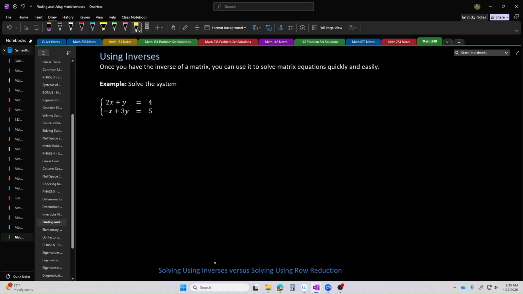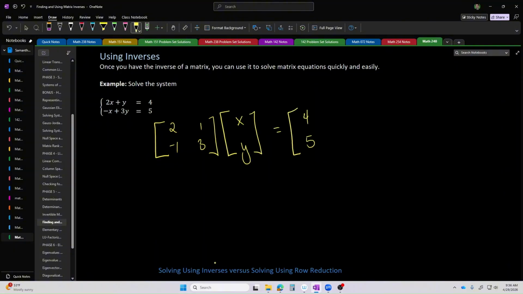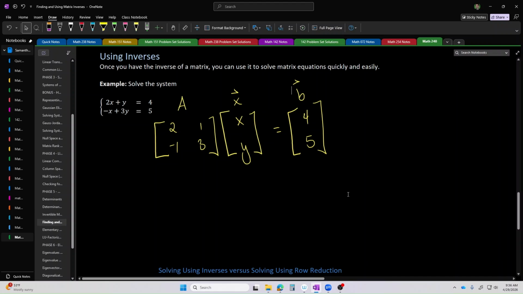If we write this equation in matrix vector form, we have the coefficients 2, 1, minus 1, 3 getting multiplied by the vector x, y, trying to get me a result of 4, 5. So this would be our coefficient matrix A, this would be our vector x, and this would be our output vector b in the traditional notation of a matrix equation.